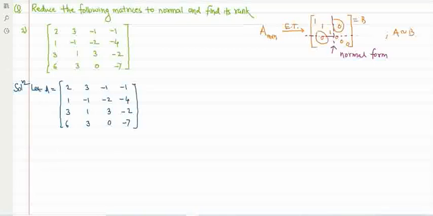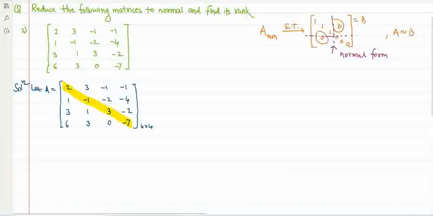So this is a matrix of order 4 by 4, not necessary to write. After writing the matrix, your first step is to fix the diagonal entry of the matrix, meaning A11, A22, A33. This is the diagonal entry.